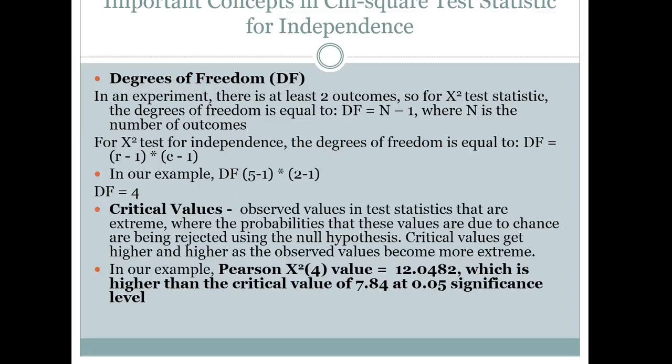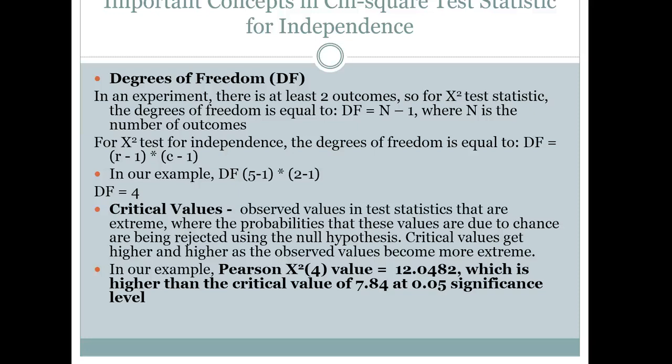Well, in an experiment, as I've mentioned earlier, there's at least two outcomes. So for chi-square test statistics, the degrees of freedom is df equals n minus 1, where n is the number of outcomes. Remember, when you do an experiment, there's always two outcomes at a minimum.